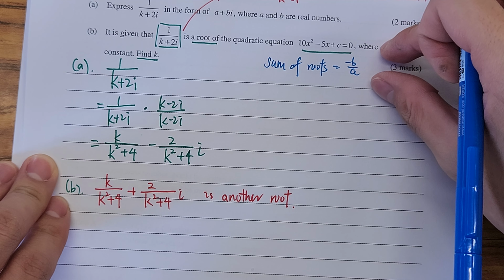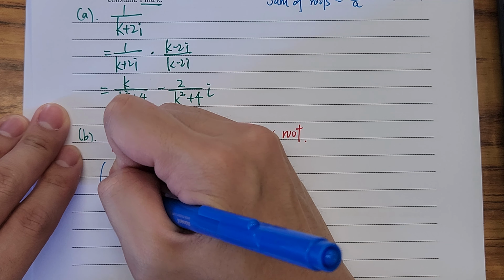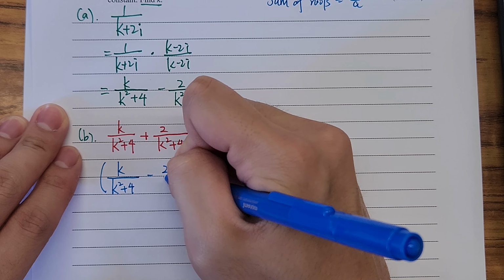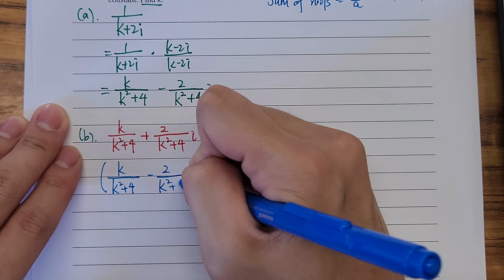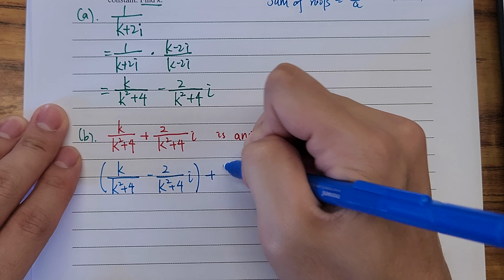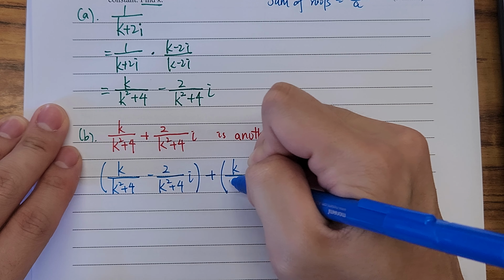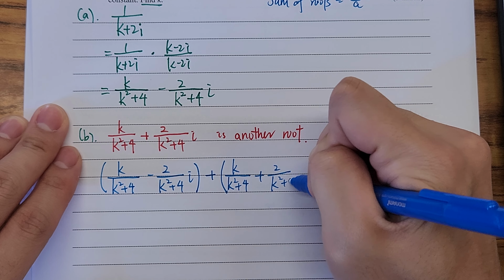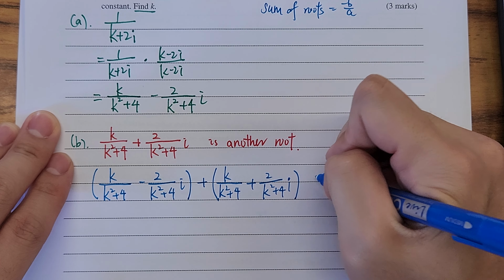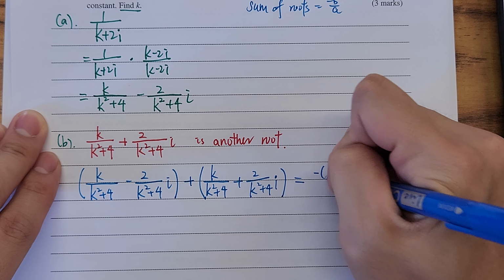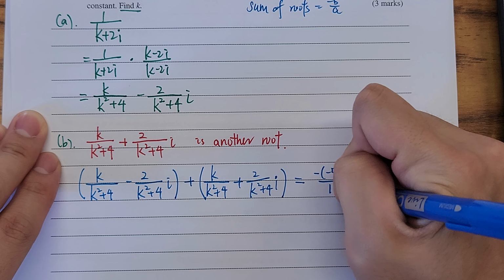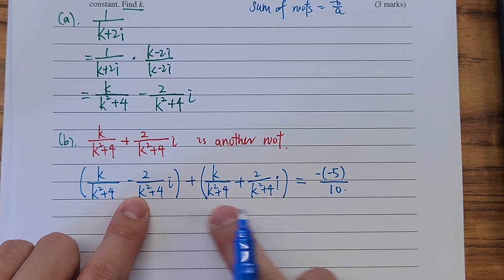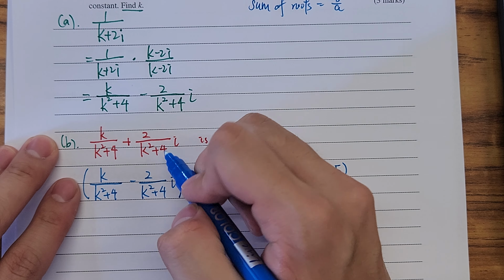Using the sum of root, bracket k over k squared plus 4 minus 2 over k squared plus 4 i and plus another root is equal to negative 5 over 10. So you see that actually the 2i are cancelled out.